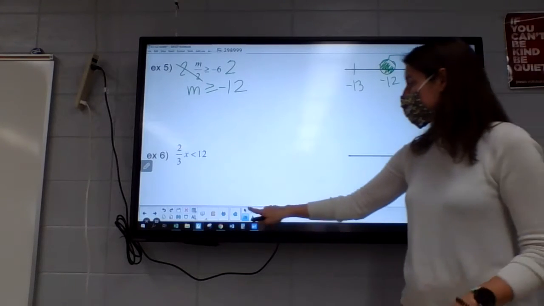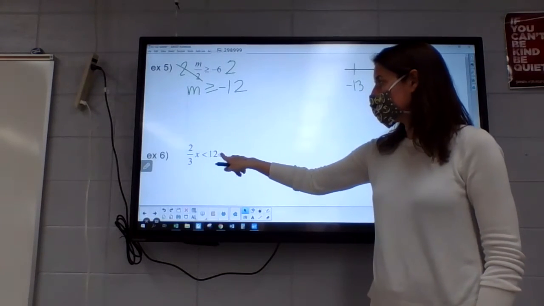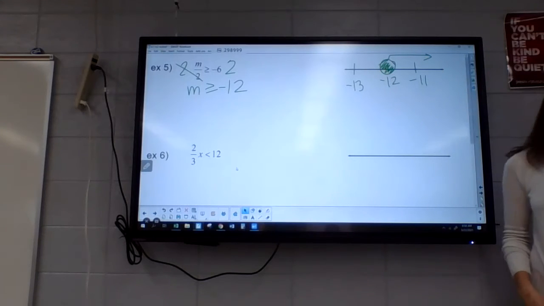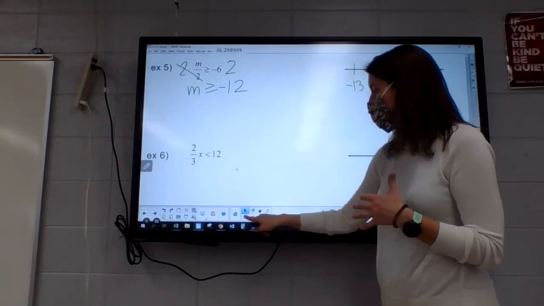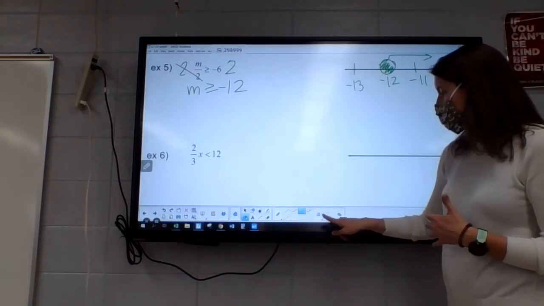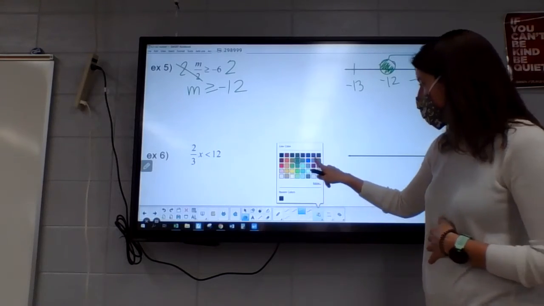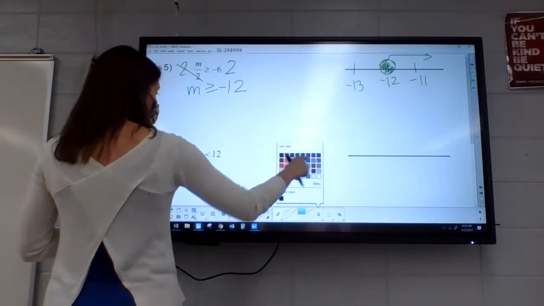Now number 6 is similar to our warm-up question. So depending on your comfort level with number 6 in terms of the fractions, or if you like to work with it in your calculator solely, I like to do the 2 steps. I'm going to start by getting rid of the 3.